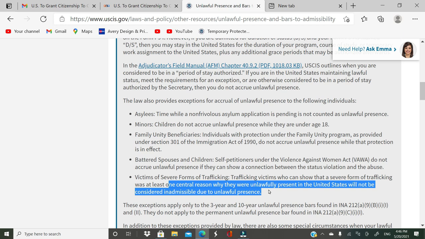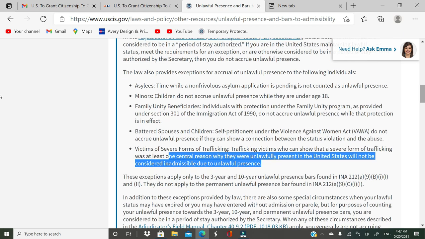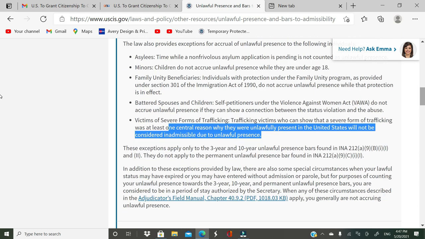So they can adjust status if they can show that. So that's 1, 2, 3, 4, 5. Only 5 exceptions when it comes to unlawful presence. If you don't fit any of those exceptions, there's hope: you can apply for a waiver. So we'll talk about it at the end.